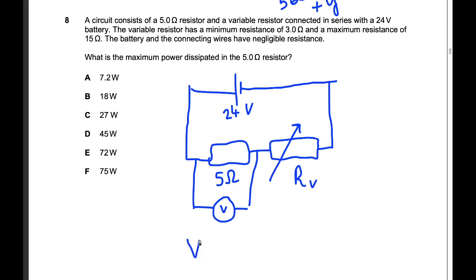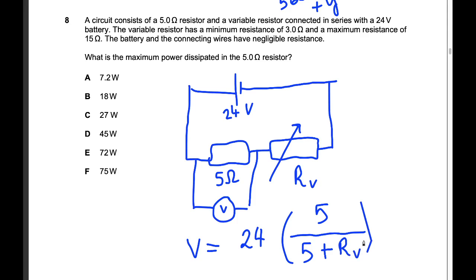So the voltage over my 5 ohm resistance would be equal to my 24 volts in multiplied by 5. 5 ohms is the resistor in question, over the total resistance. So the total resistance is 5 plus RV.